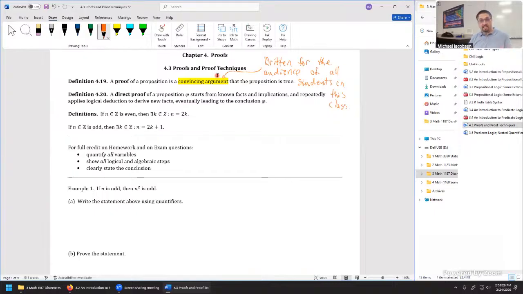So what I mean by that is when you go to write your proof, you need to quantify things. You can't throw down a variable without saying exactly what the domain of discourse is for that variable. You have to show all the logical algebraic steps, the steps that you would expect your fellow student would understand if you wrote this down.